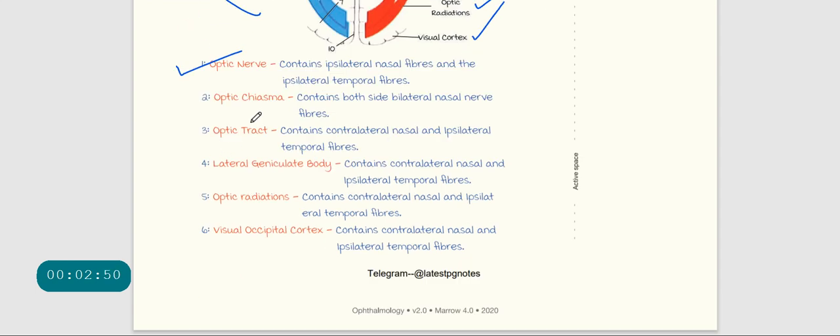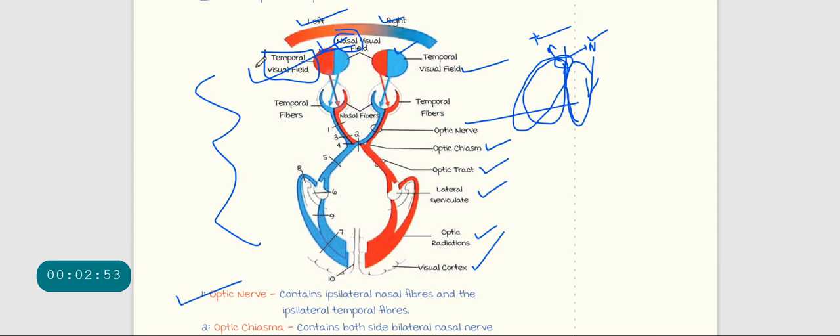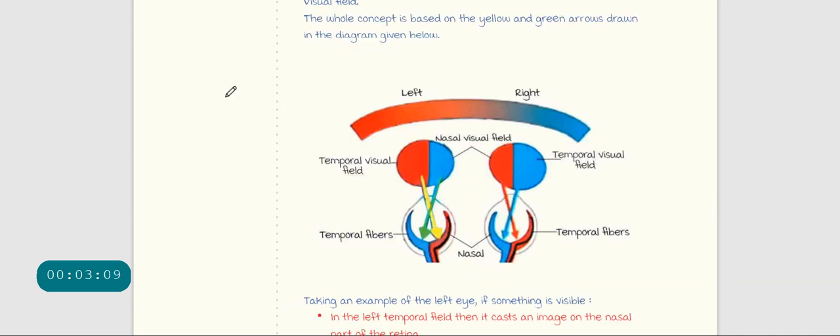Moving on. Similarly, as there was a temporal visual field and a nasal visual field, there are temporal fibers and nasal fibers, but the concept over here changes. This is the best diagram to explain this: the temporal visual field image is carried by the nasal fibers, and the nasal visual field is carried by the temporal fibers.